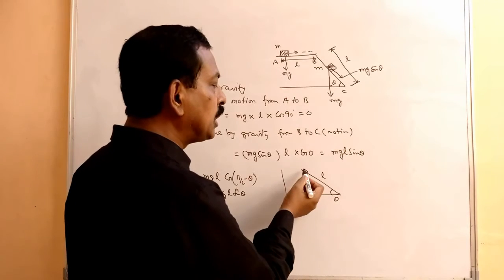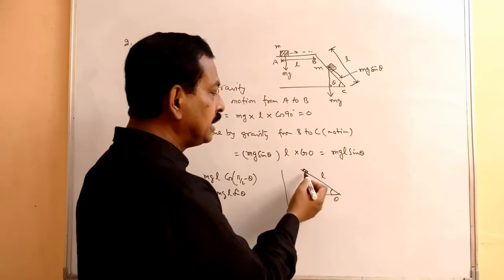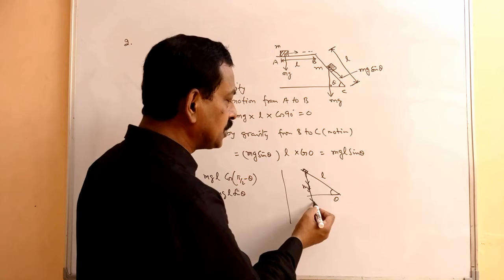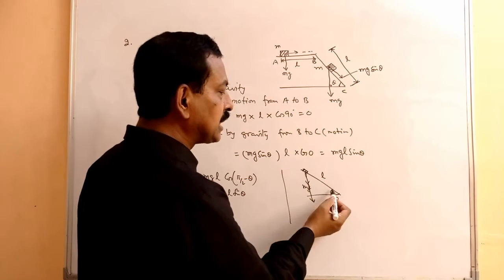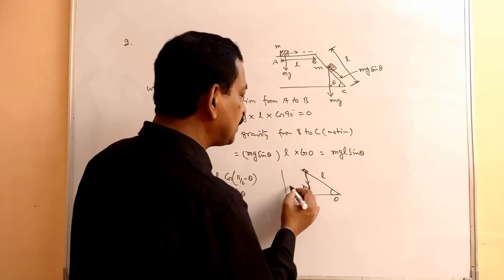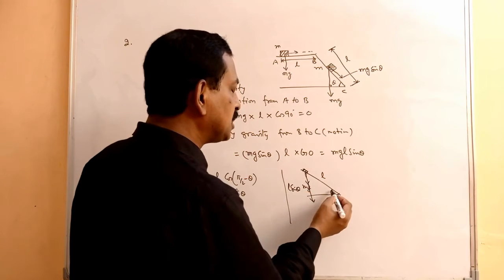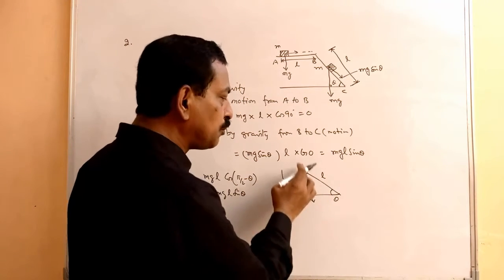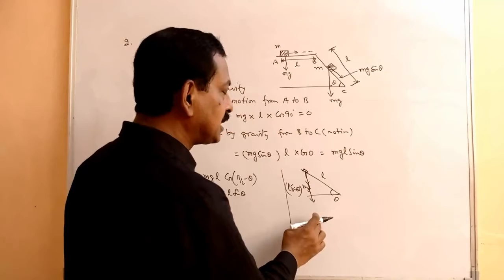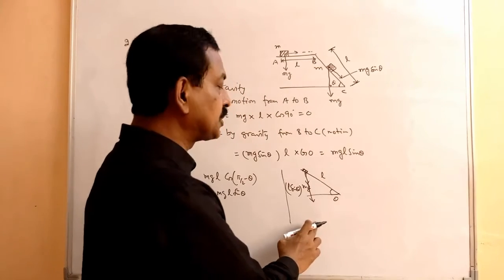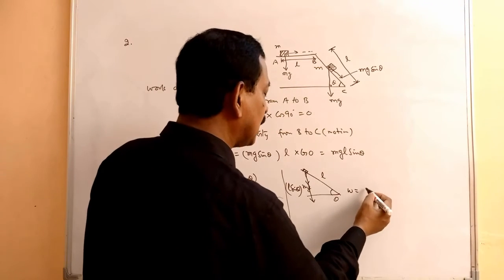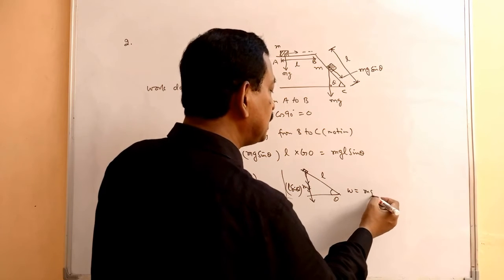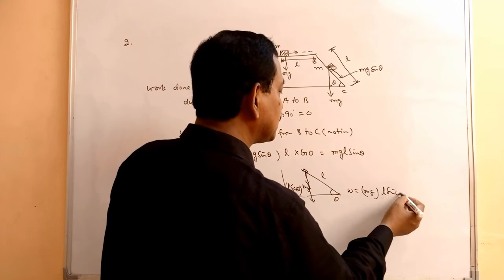If you now consider the component of the displacement in the direction of force. Force is in this direction. So the component of this L in this direction will be how much? This will be your L sine theta. If this angle is theta, the component of the displacement will be this. That is L sine theta. mg is already in this direction. So in that case, work done again will be your mg multiplied by L sine theta.